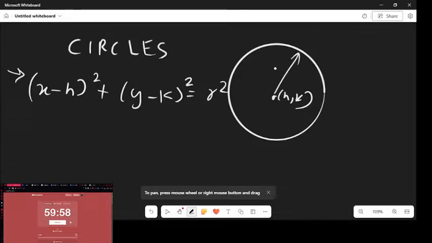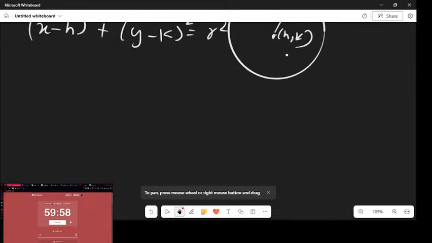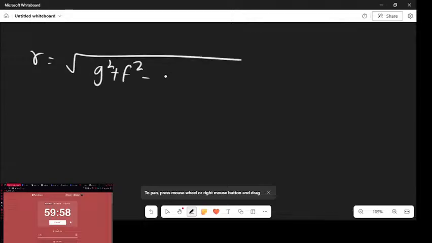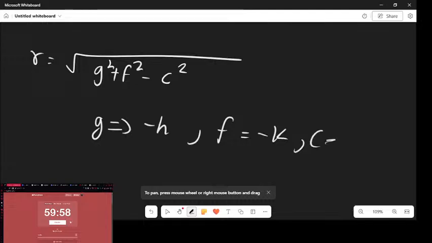So this was the basic. Now we'll move a little bit. We can find the radius as the square root of g square plus f square minus c, where g will be minus h, and f will be minus k, c is the constant.